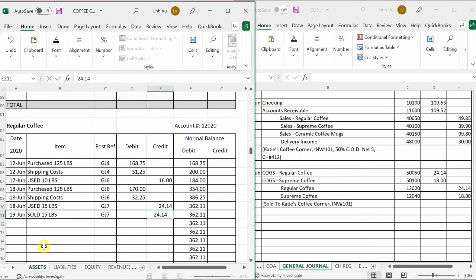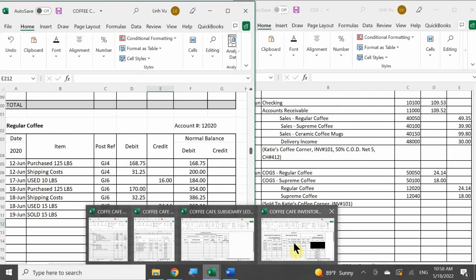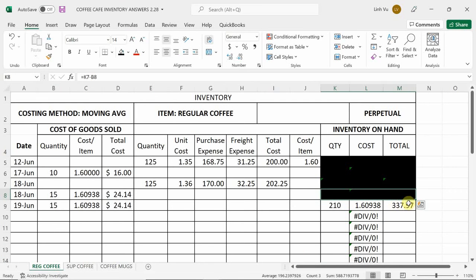Okay, so it would be 337.97. Good. And where does this number look familiar? It should have been calculated for you on your inventory worksheet. So 337.97. Okay.